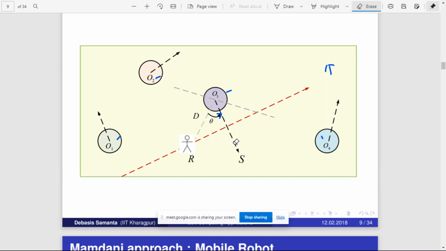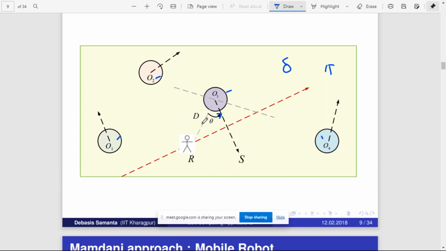And deviation is how much the robot should deviate from its path so that it will not collide with the nearby object. So basically we have to calculate delta. You will be given d and theta, so you have to calculate delta. That is what this problem is all about.